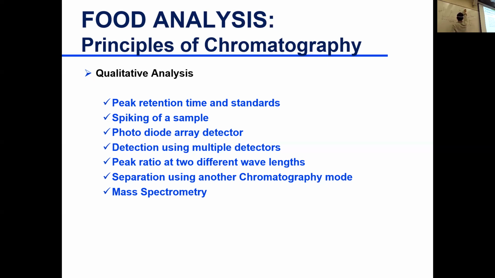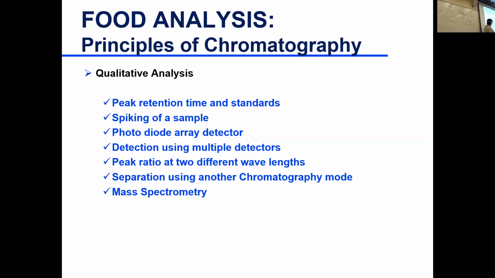This compound has lambda max at 320. But this compound absorbs light at 280, let's say. This one does not absorb at 280, or very low absorption. So what you can do, you can measure at 320, and you can measure at 280 and take the ratio. If the ratio is different, then you have different compounds.